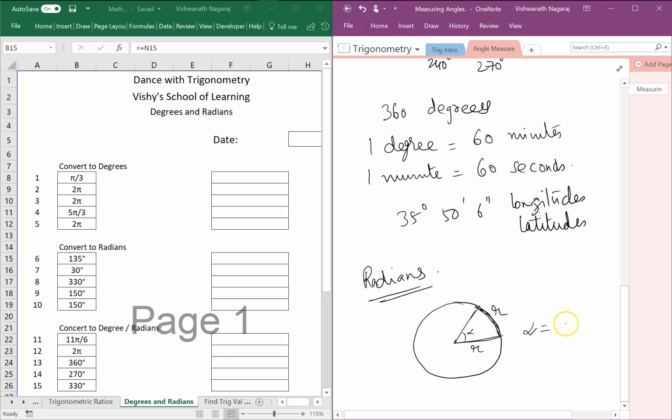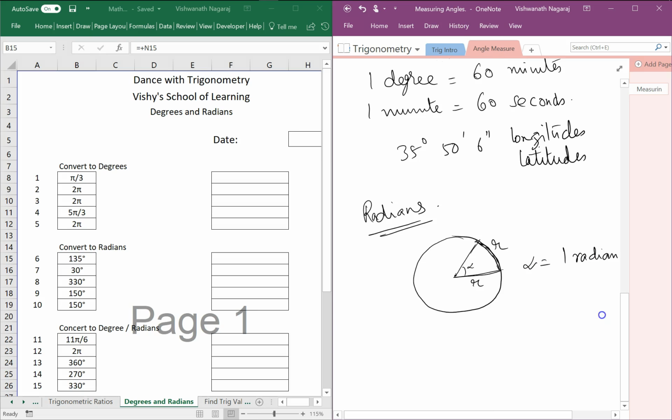So alpha is equal to 1 radian. Just remember that a radian is that measure of an angle where the radius and the arc length are the same.